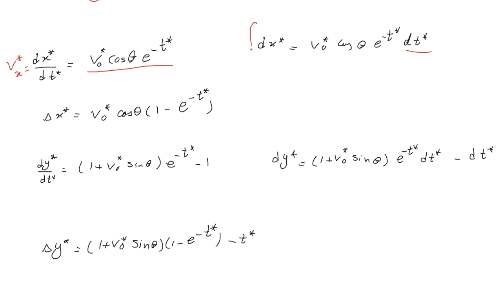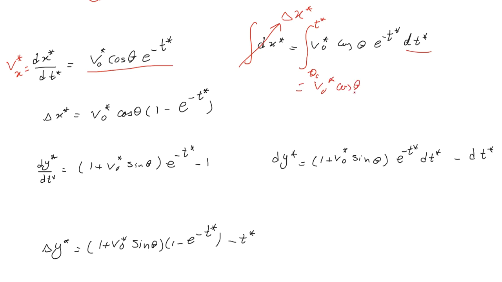We do the integration. This is pretty simple. This becomes delta x star, and then we will have from t0, which I put 0, to t star, and then the result will be v naught star cosine of theta.